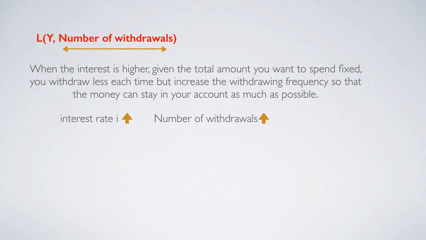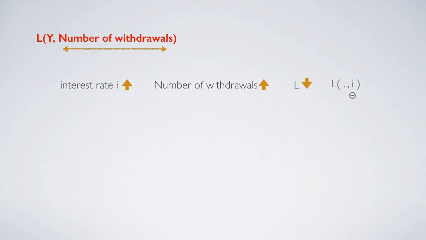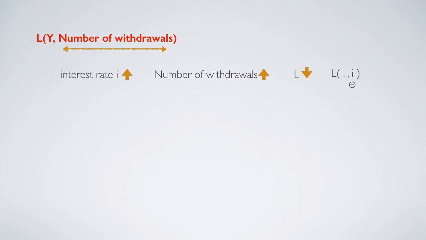In this world, we know that the number of withdrawals is increasing, which means that each time the basket he can buy will be less. So actually, the higher the interest rate, the lower the total number of baskets he can buy for each transaction. This is what we have for the first part.